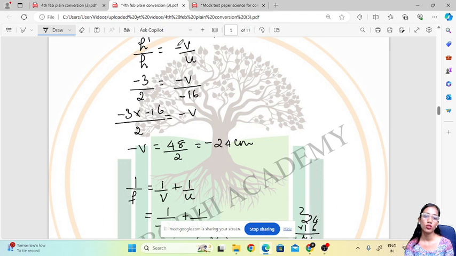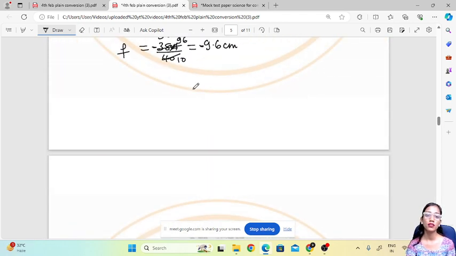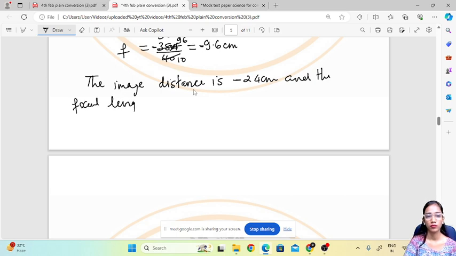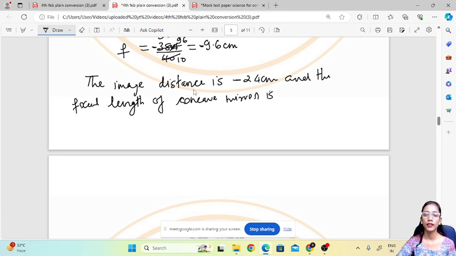So the focal length also we found out. So the final answer is: the image distance is minus 24 centimeter and the focal length of the concave mirror is minus 9.6 centimeter.